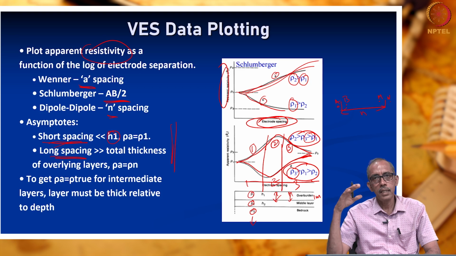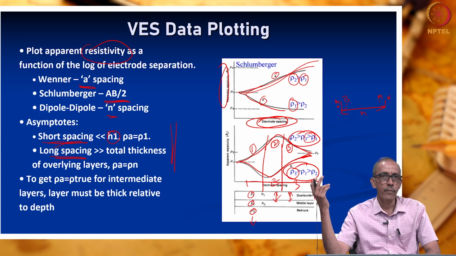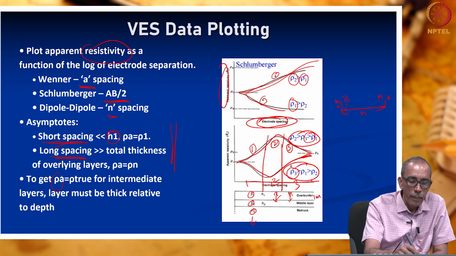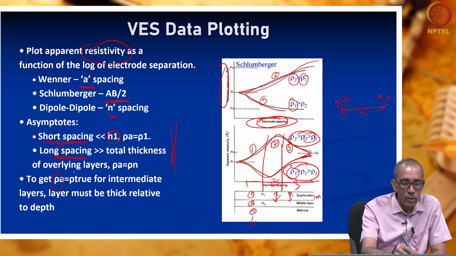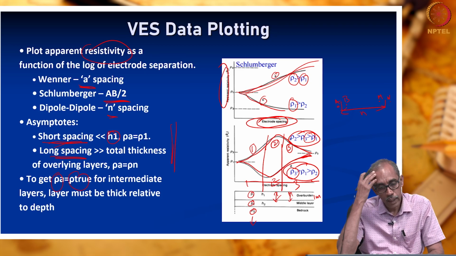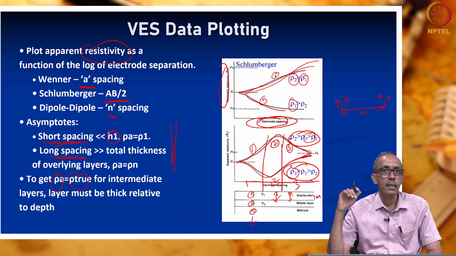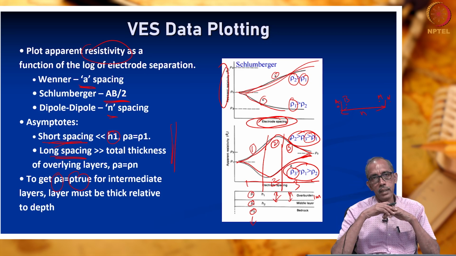Imagine just below the surface you have a very thick sandy layer of, let us say, 100 meters. Then the first spacing value itself can be 75 meters. So, we need to decide the electrode spacing based on the thickness of the layers. To get apparent resistivity equivalent to true resistivity for intermediate layers, the layer must be much thicker.